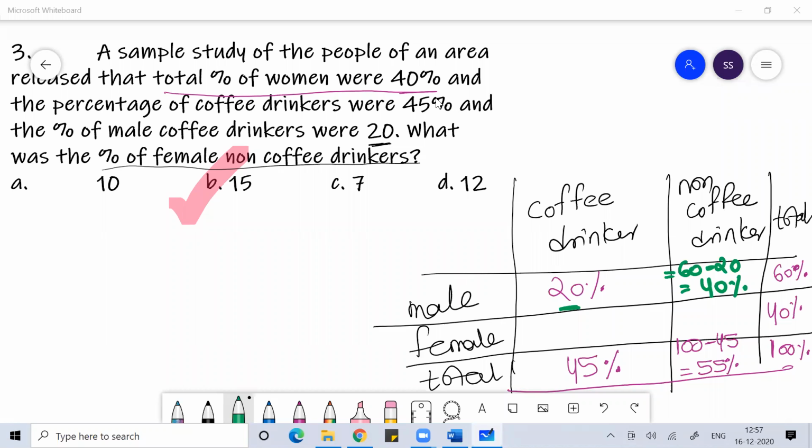Okay, now you see this is 55, this is 40, so this will be 55 minus 40, which means 15%.